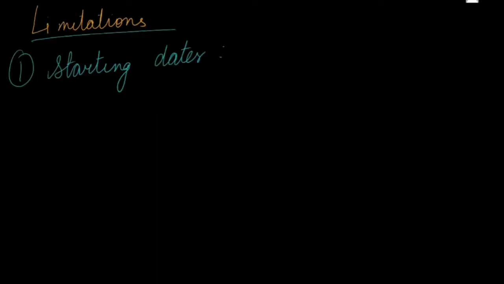So first limitation is the starting date of principle of priority. Now, there are different dates for different organisms. As I've told you before, the starting date for the application of principle of priority is 1st of May 1753. Okay, so this is for vascular plants.